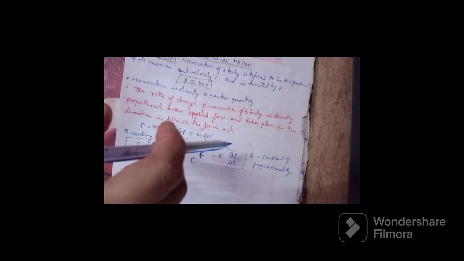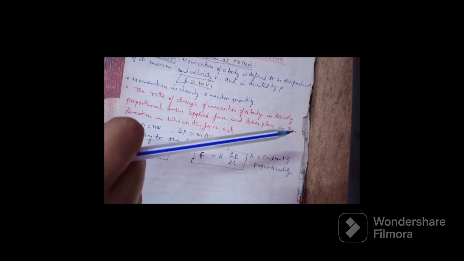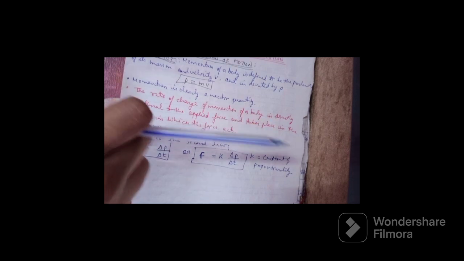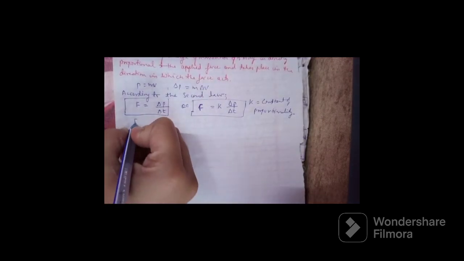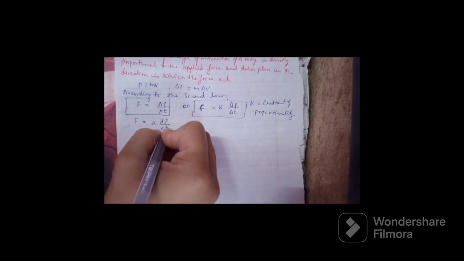Taking the limit delta t tends to 0, the term delta p by delta t becomes the derivative, or differential coefficient, of p with respect to t, denoted by dp by dt, and thus F equals k dp by dt.